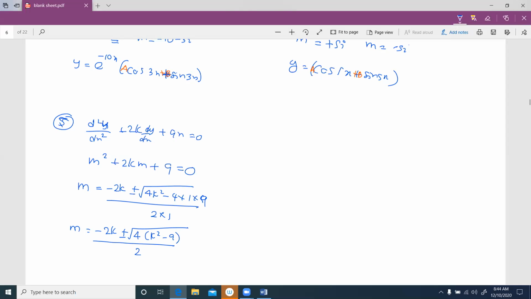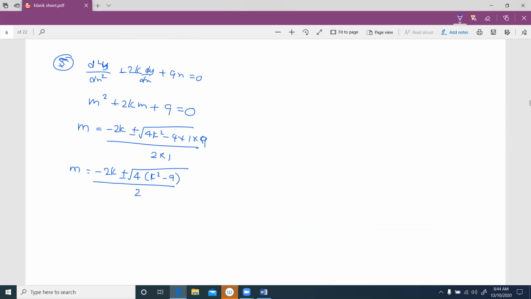With this, you can say m is equal to minus 2k plus or minus 2 times the square root of k squared minus 9 divided by 2. If you simplify with 2, you get the answer minus k plus or minus the square root of k squared minus 9 divided by 2. The two terms get cancelled, right? Okay, then the first situation.